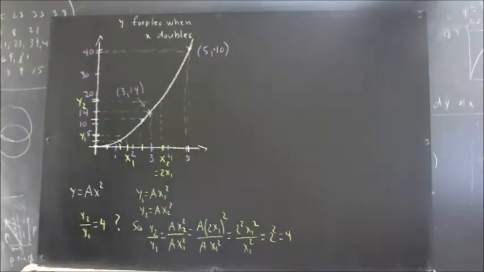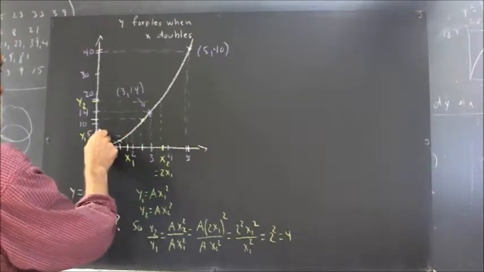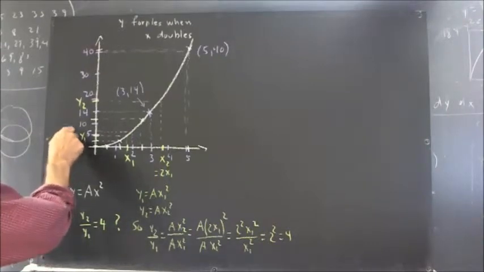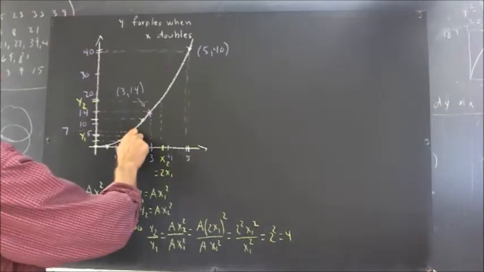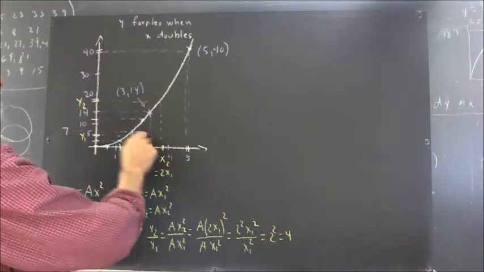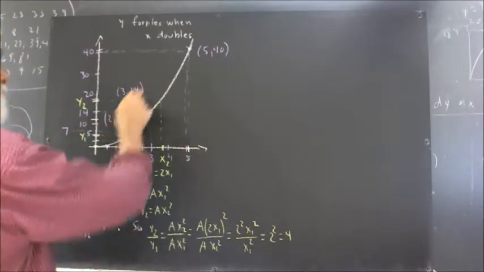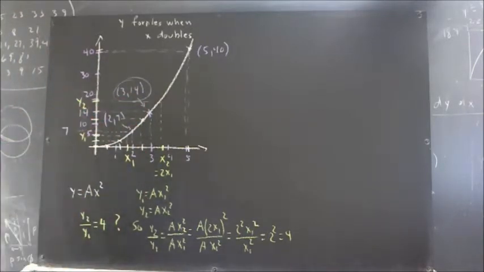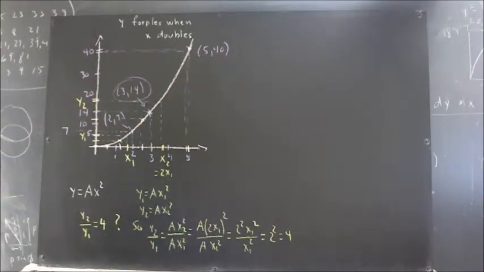When x is 2, we project over. It looks like 6 or 7, so I'll say maybe 7. When x equals 2, y equals 7, so this point here would be 2, 7. Now we got the points 2, 7, and 5, 40.